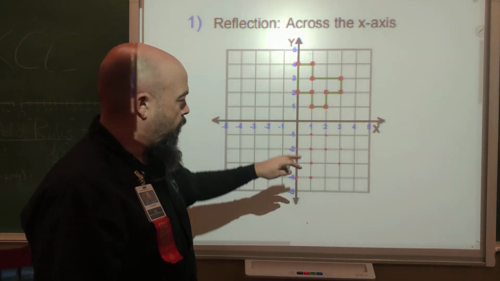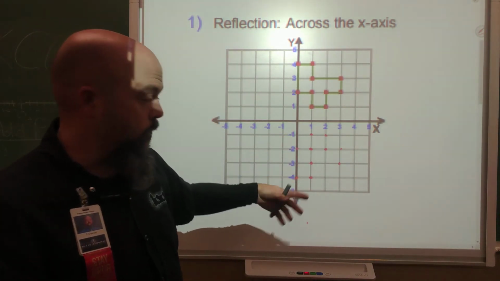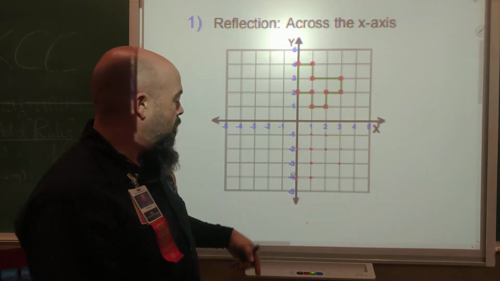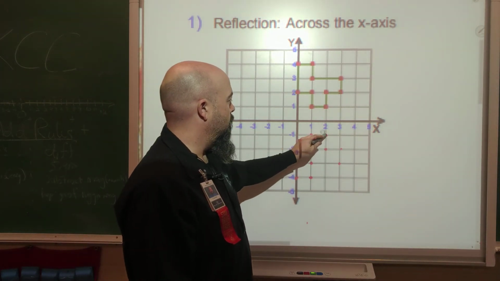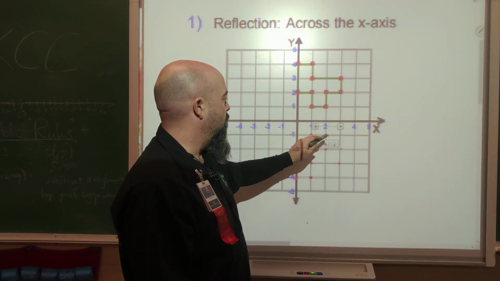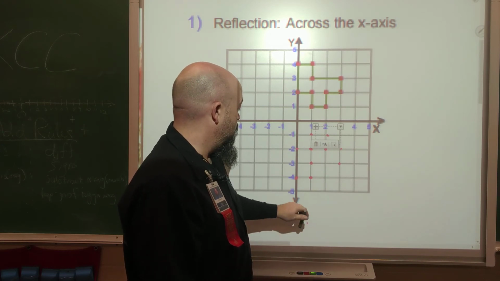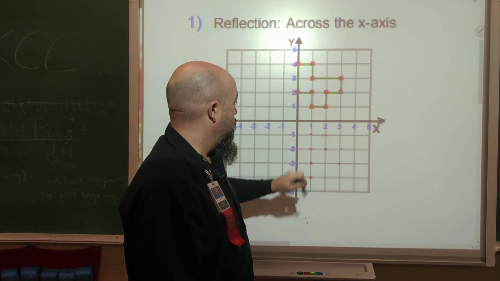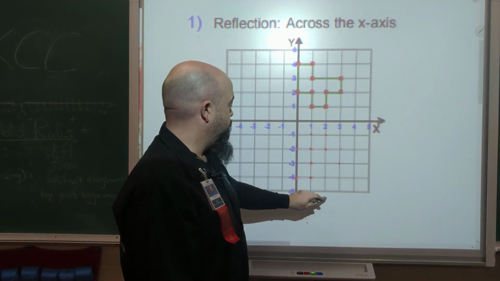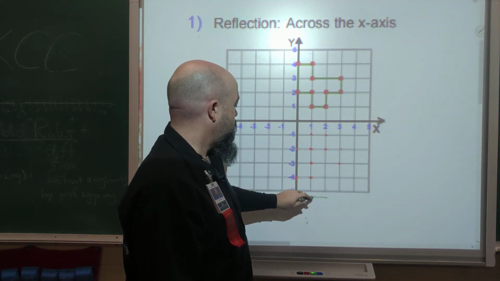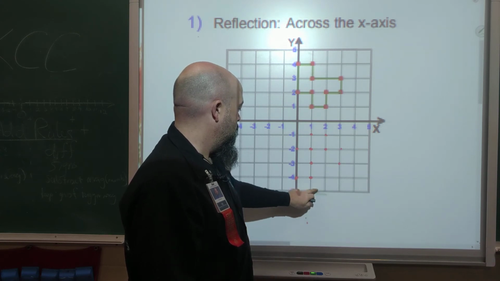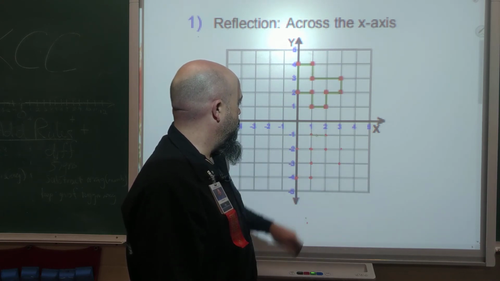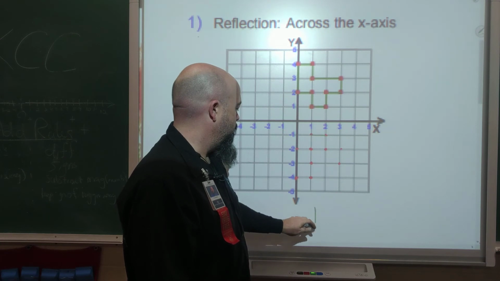Okay. Looks like a jumble of dots right now, right? But if we again connect our dots, if the computer is nice and lets us do this, which it's not working with me. Okay, so we have that point that connects.